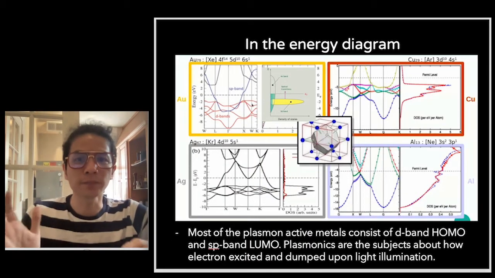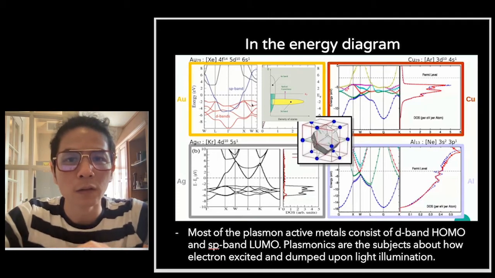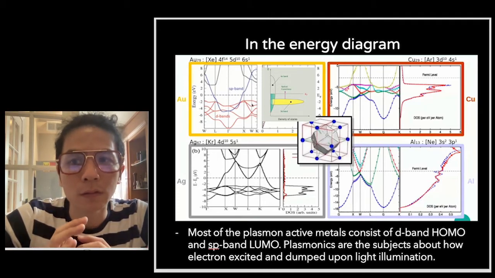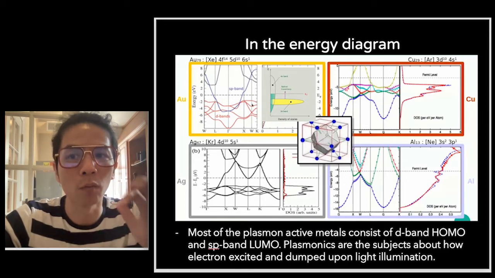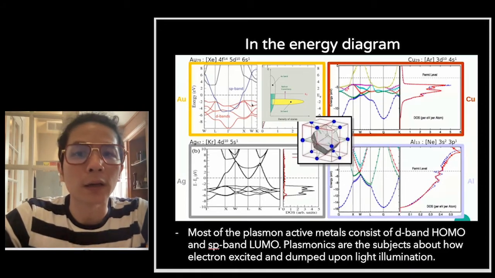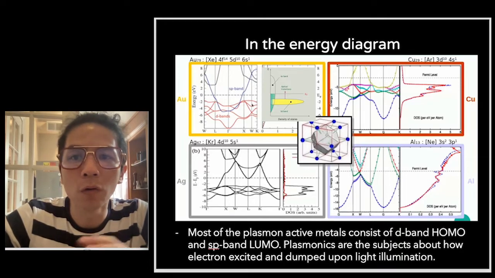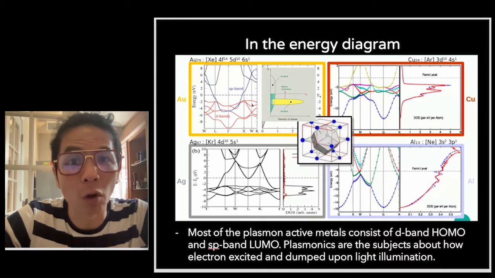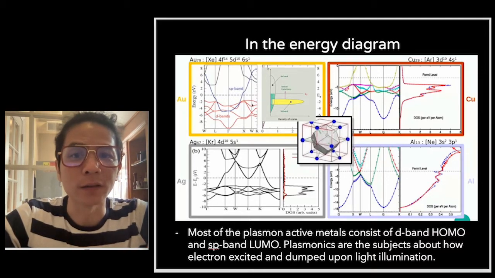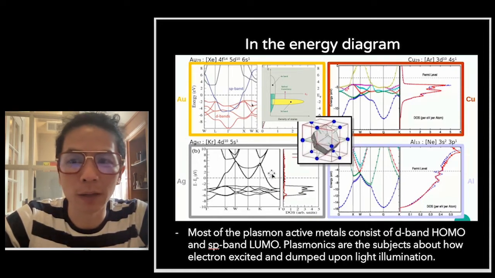Of course, when you think about metal, you can take it as an excitation of the HOMO to LUMO. And here I put the 4 most important examples of metals that can exhibit plasmonic properties, which are gold, silver, copper, and aluminum.